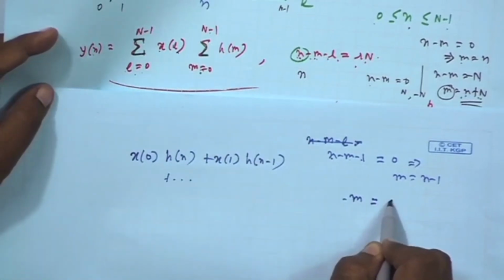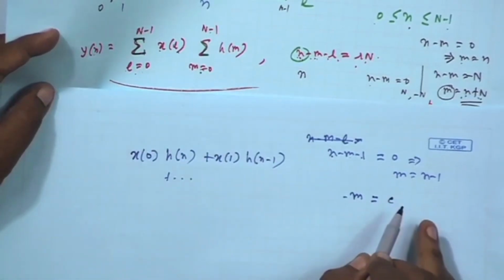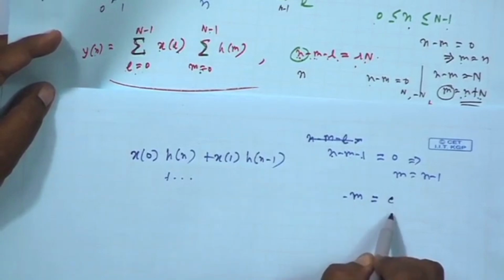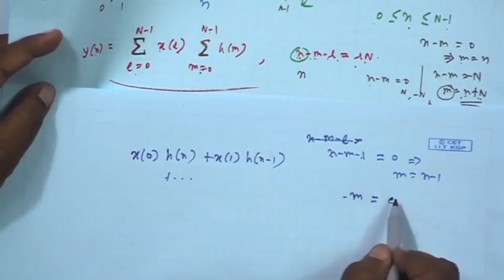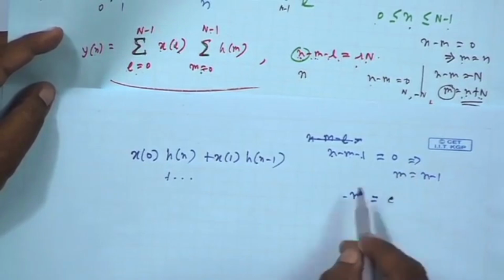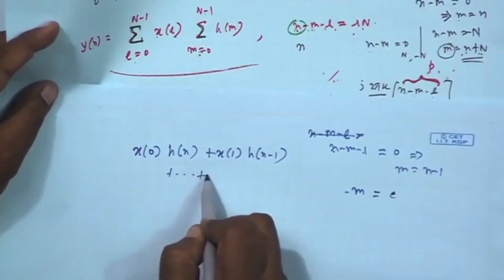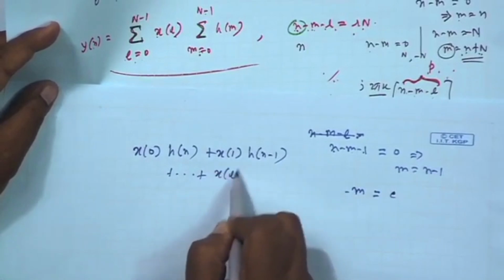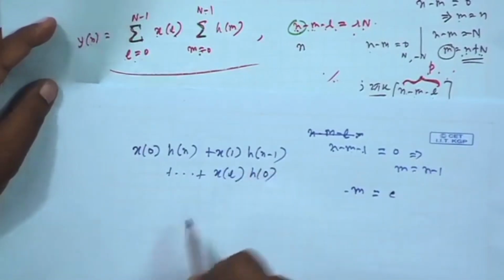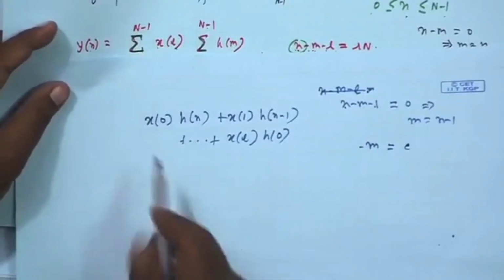So, this should be either 0, meaning m is 0, which is within range, but if it is plus capital N or minus capital N, m will be required to be minus n or plus capital N, which is outside the range, ruled out. So, m is 0 then, that is the only possibility. So, x L is 0. Okay. That is one part.